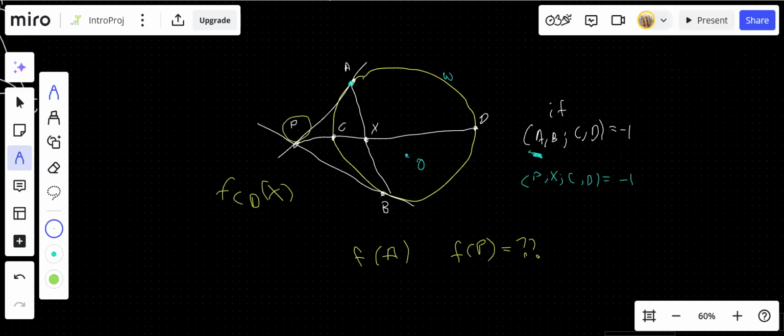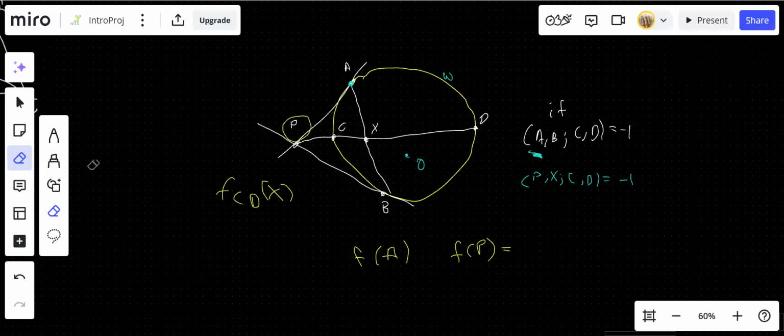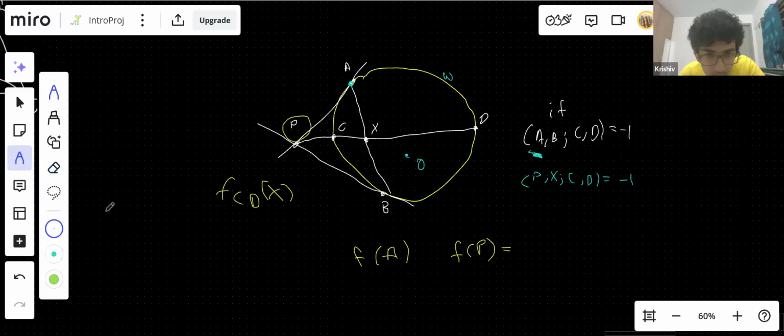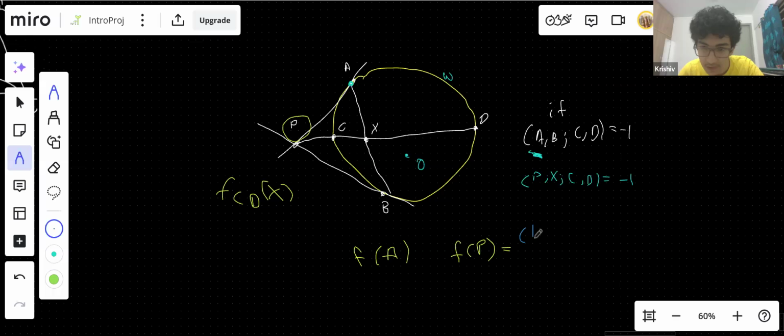PB squared, yeah, power of a point. No, actually, f of P is equal to CP over PD, right? This is not PC times PD. It's CP over PD. So it's not PB squared.